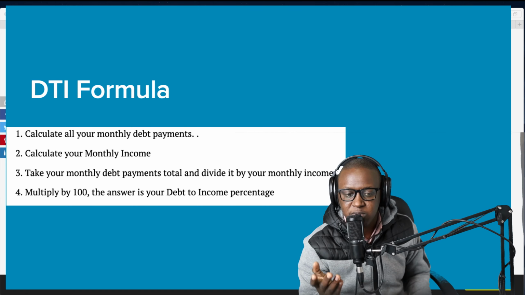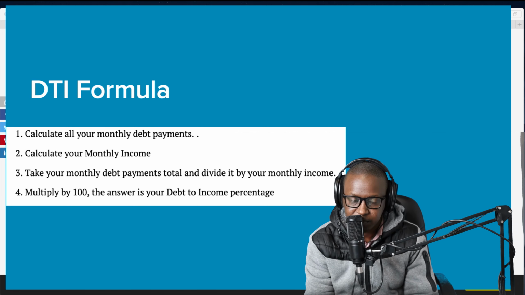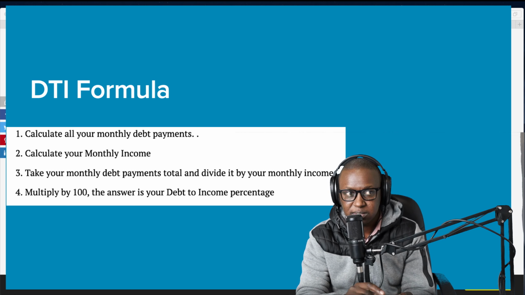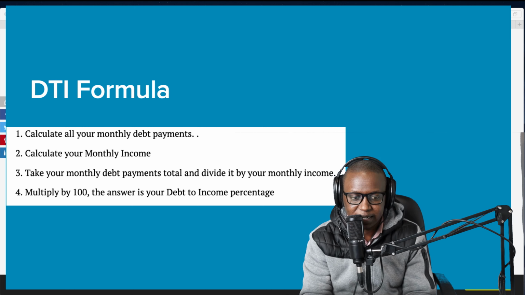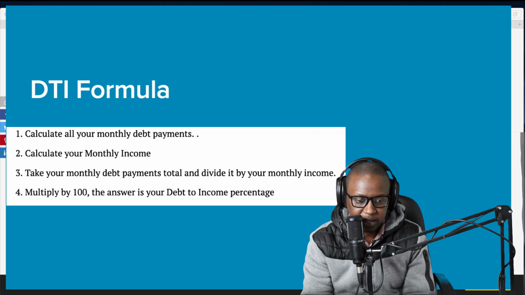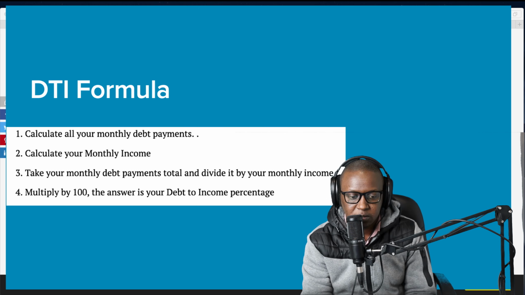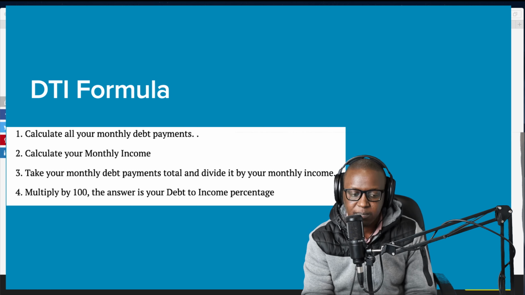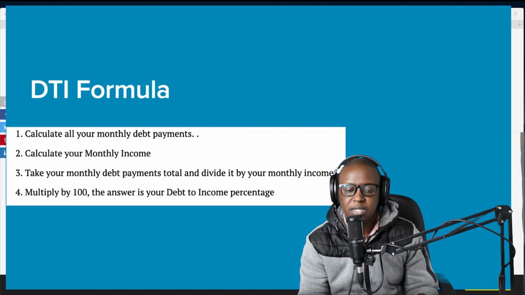The formula to calculate your debt to income ratio is that you take all your monthly debt repayments, all your installments, and add them up. Then you calculate your monthly income. Then you take your monthly debt payments total divided by your monthly income, multiplied by 100, in order to get your debt to income ratio percentage.